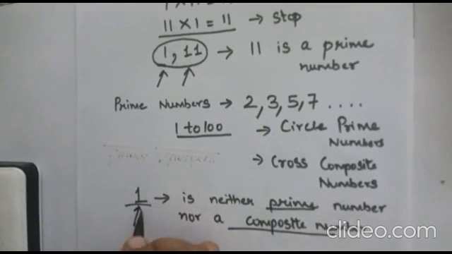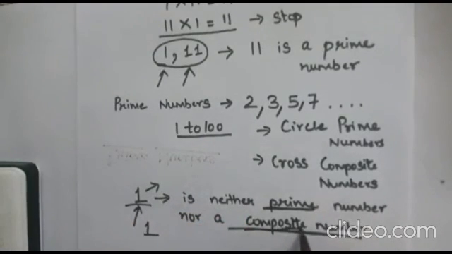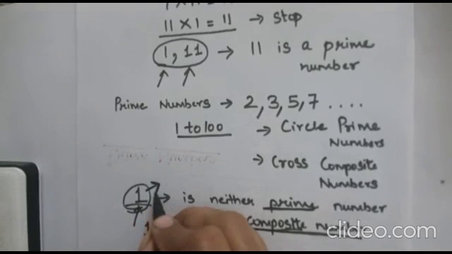Because 1 has only one factor, 1. It means this cannot be a prime number as well as it cannot be a composite number. Because for a prime number, the number should have 2 factors, and for a composite number, the number should have more than 2 factors. So we can say 1 is neither a prime number nor a composite number.